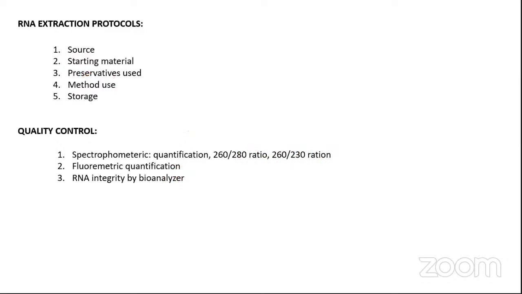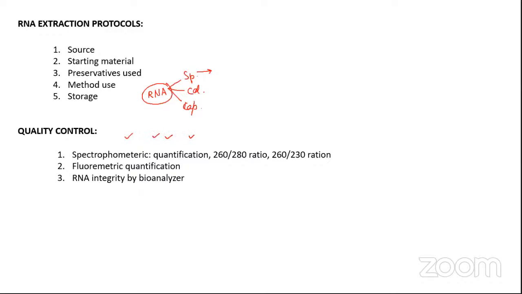So once we have RNA, how to check the quality and the quantity? So there are usually 3 methods. One is the spectrophotometric, colorimetric, and the capillary based. So in spectrophotometry, we are measuring the quantification based on the absorption. We are measuring the 260 by 280 ratio.